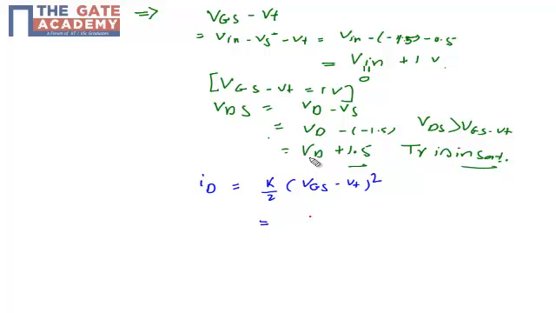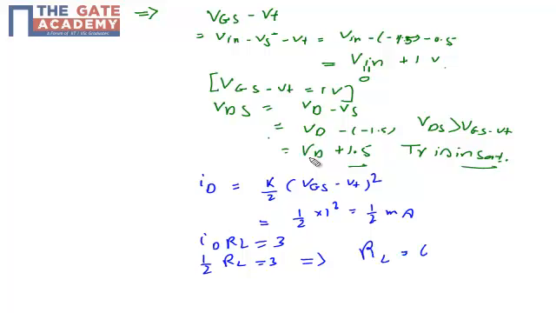VGS minus VT is 1 volt, which we have just calculated. So it is half into 1 squared, which is half milliamp. So ID RL equal to 3 becomes half into RL equal to 3, so RL is 6K. ID is in milliamp, so resistance is in kilo ohm. So my load resistance is 6K, and the answer to my first question is 6K.